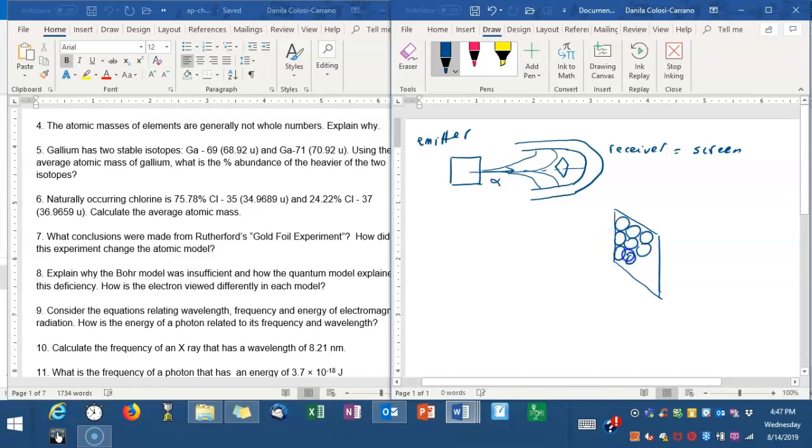Every single one of those circles is gold. And when you look inside the atom, so let's isolate the atom of gold. According to Thomson, you see a ton of pluses and a ton of minuses, giving the plum pudding.